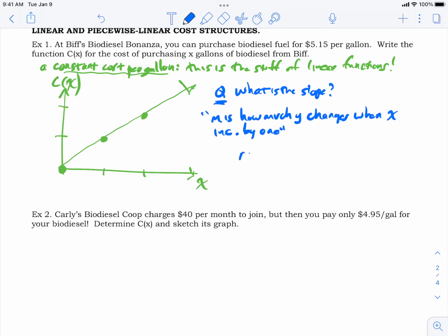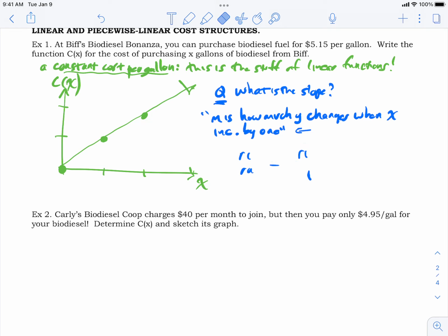Is that saying the same thing as rise over run? It actually is, because how much y changes, that's what the rise means. What we're doing is setting the run to 1. So if you know the run is 1, you can just take the rise. How much does y change when x increases by 1? And that'll be your slope.